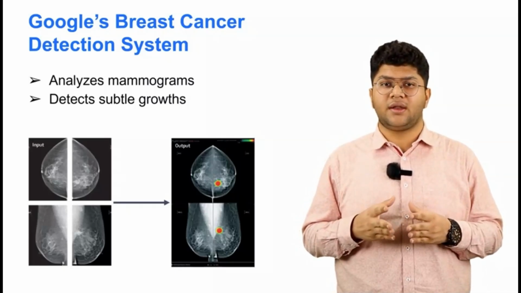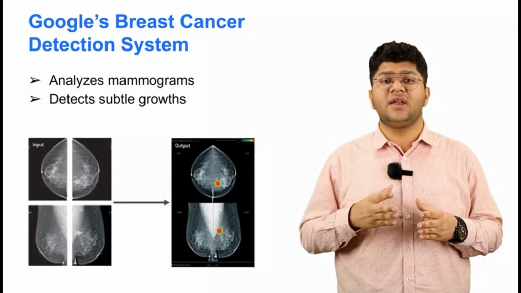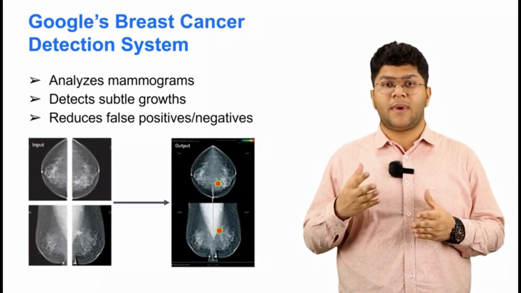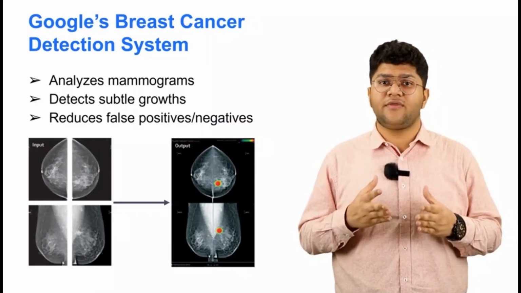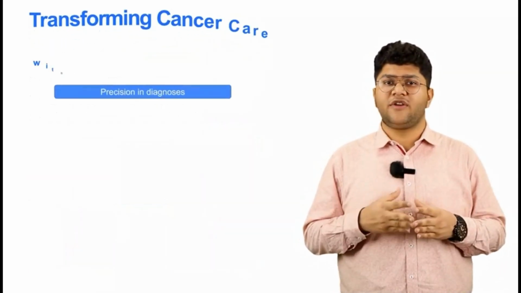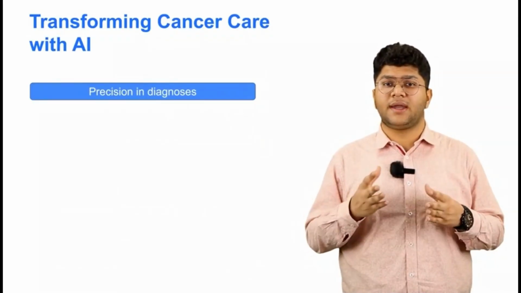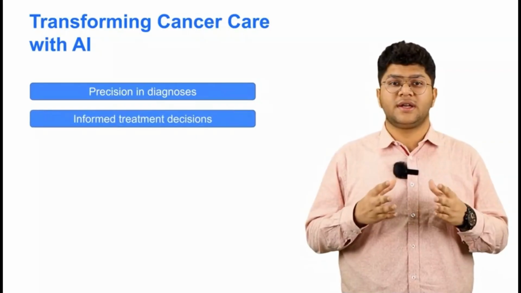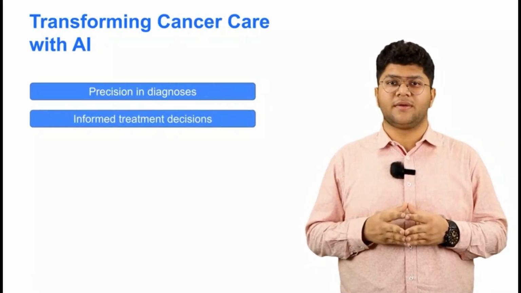Research has demonstrated that Google's AI can significantly reduce both false positives, which can lead to unnecessary biopsies and stress, and false negatives, where cancers are missed altogether. This level of precision provides more reliable diagnosis, allowing healthcare professionals to make more informed decisions regarding treatment.